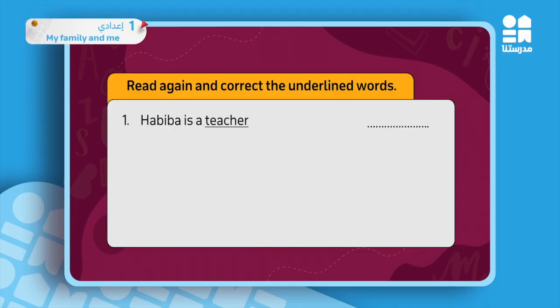Read again and correct the underlined words. Read the sentence and you have to correct it. Habiba is a teacher. Is Habiba a teacher or a gymnast? Yes, she is a gymnast. Gymnast. Okay? Number 2.